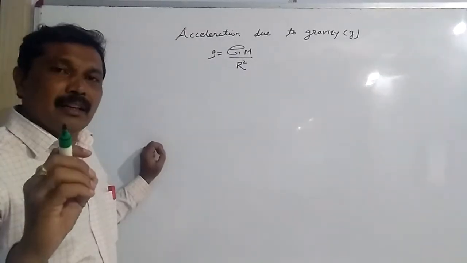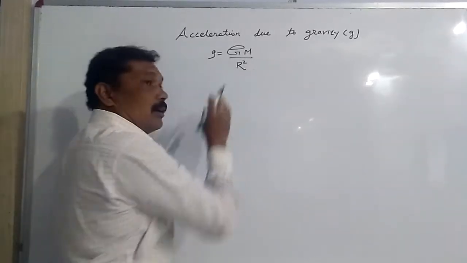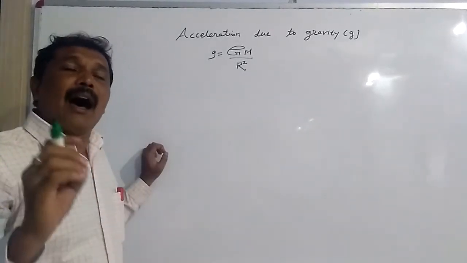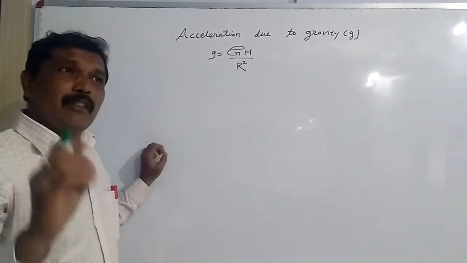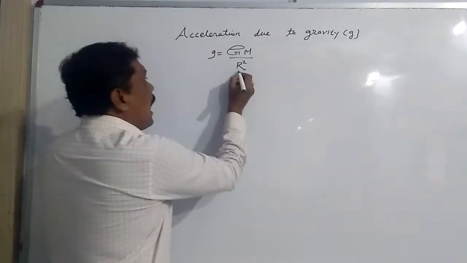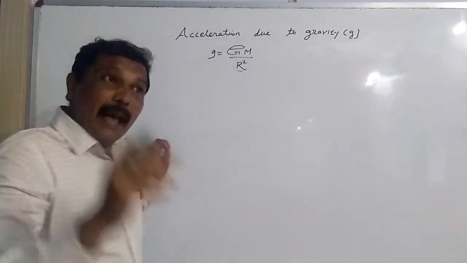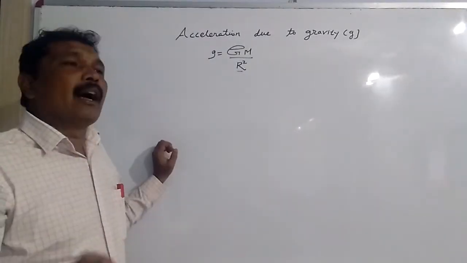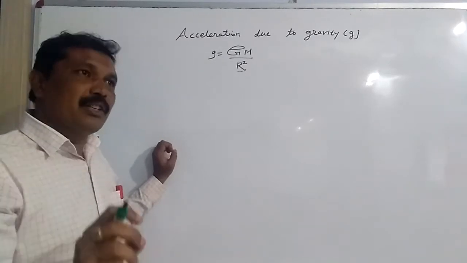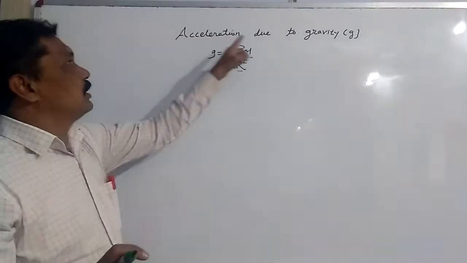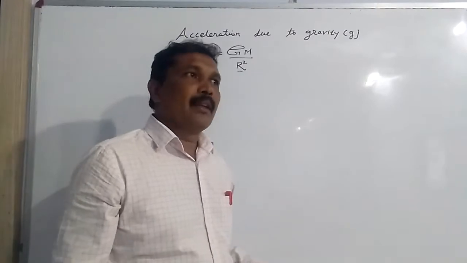The last factor which is left is R. What is R? R is the radius of the earth. So we will give emphasis on R and brainstorm to know the factors upon which acceleration due to gravity depends.